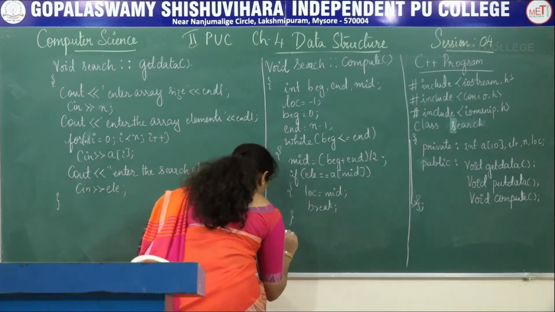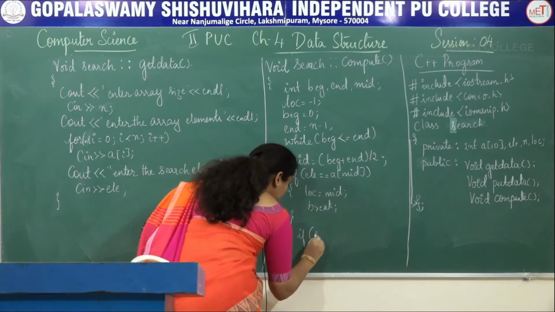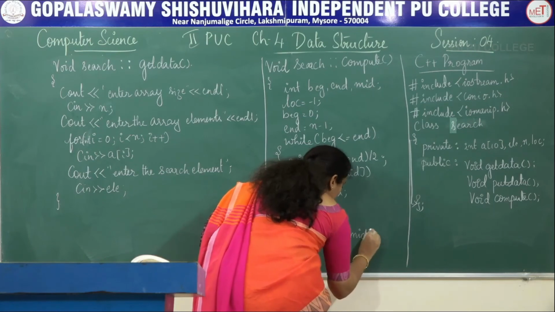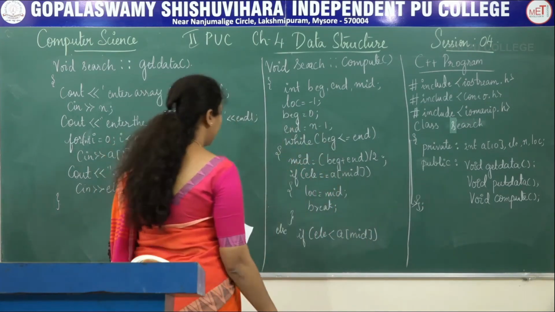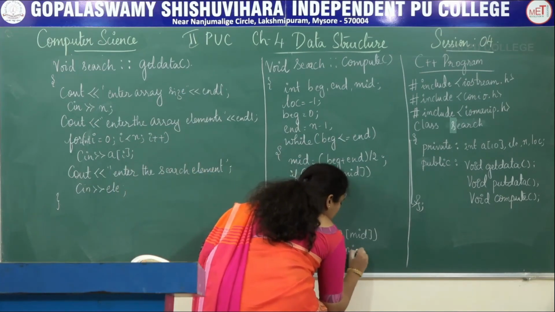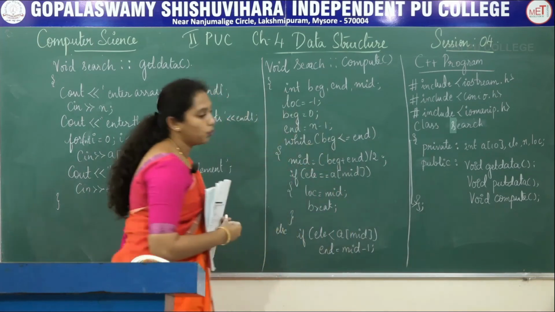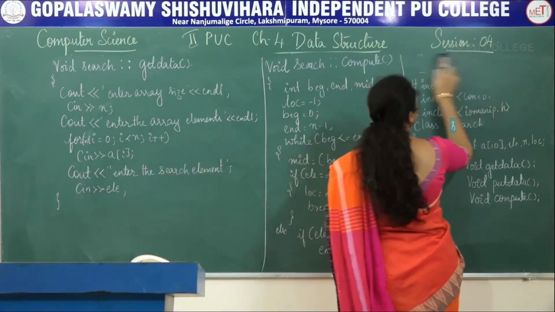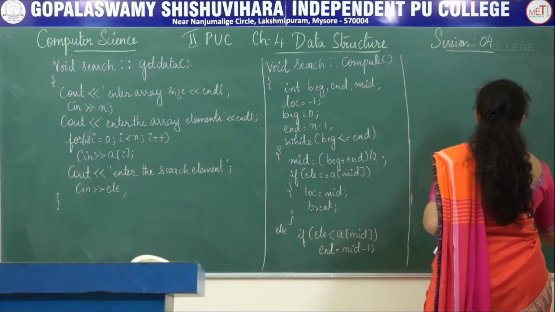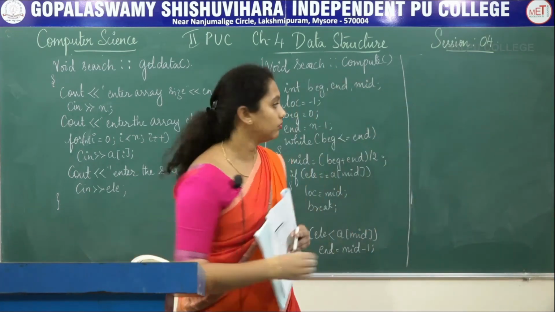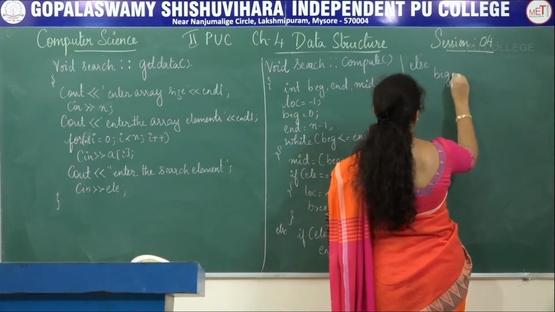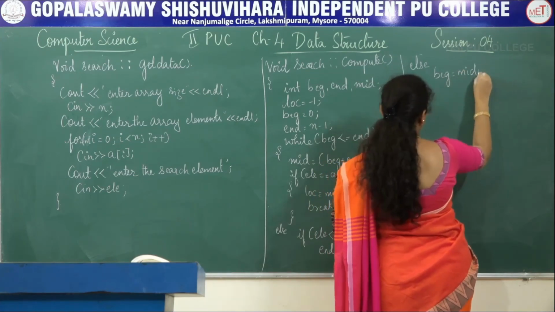Else if element is less than A of mid, what do we have to do? That is, end position is mid minus 1. Else beginning is equal to mid plus 1.